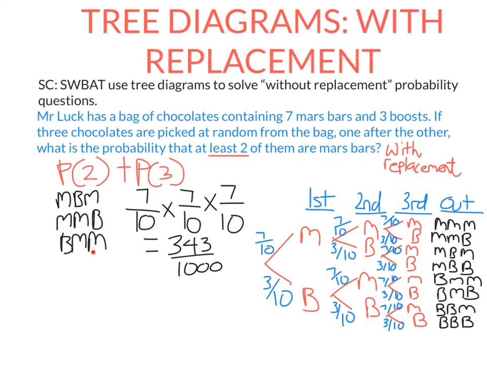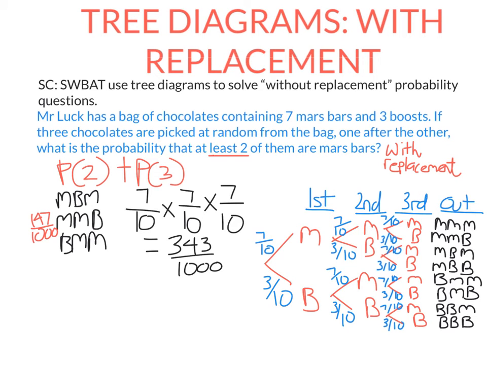So that's the probability of getting 3 Mars bars in a row. So what's the probability of each of these? Well, for MMB, that's this one here, MMB would be 7 over 10 times 7 over 10 times 3 over 10. And if I put that in my calculator, I should get 147 over 1,000. Now, what about the probability of getting MBM?